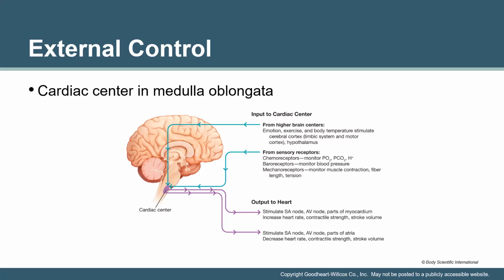The cardiac center of the medulla will continually monitor and adjust the rate, the strength of the contractions, the stroke volume, and vasodilation and constriction. So it's doing all of these things all at the same time. It will stimulate the sympathetic branch when the body requires an increase, and it will stimulate the parasympathetic branch when there's a decrease needed or noted.